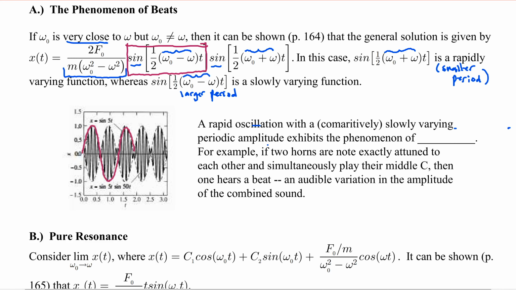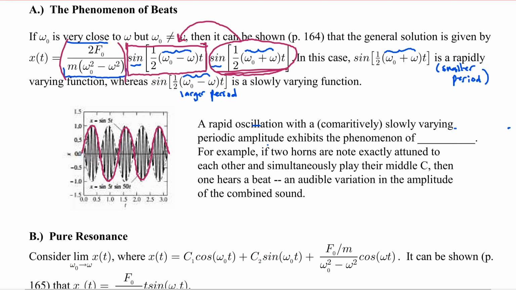If I imagine the sine wave with the larger period to have the amplitude, remember the coefficient of your sine wave is the amplitude. Of course, we have this numerical coefficient here, but I can also think about this function as part of the amplitude of this slowly varying sine wave. Remember, we said this one is a rapidly varying function.